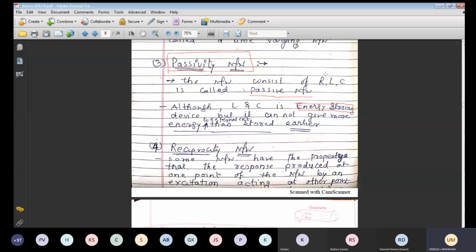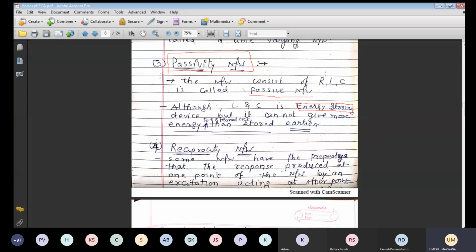Passive means it doesn't give any source of supply. But in the case of L and C, we know this is an energy storing device. So when we apply some voltage to the circuit, L and C store some energy. So can we say the circuit is an active circuit?